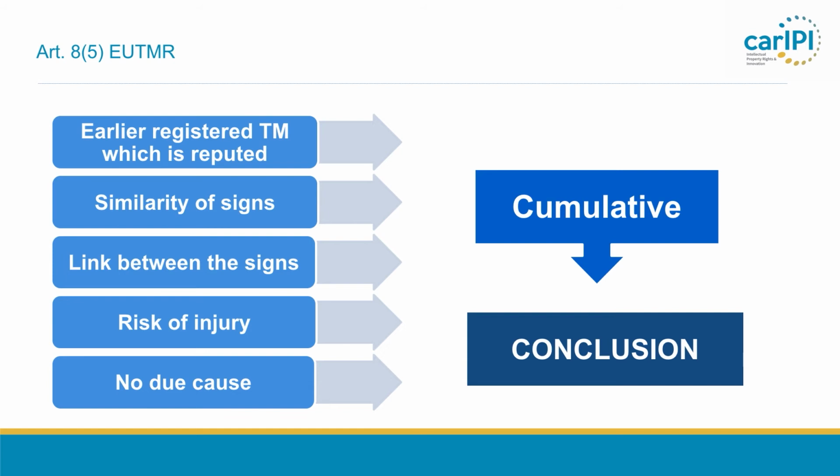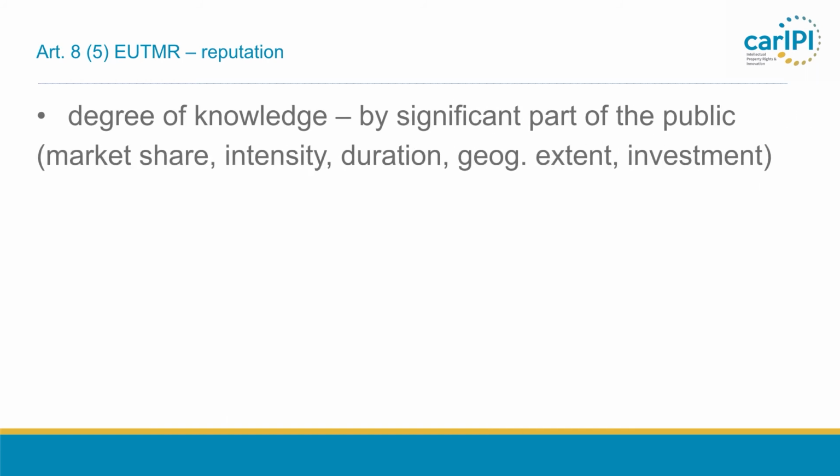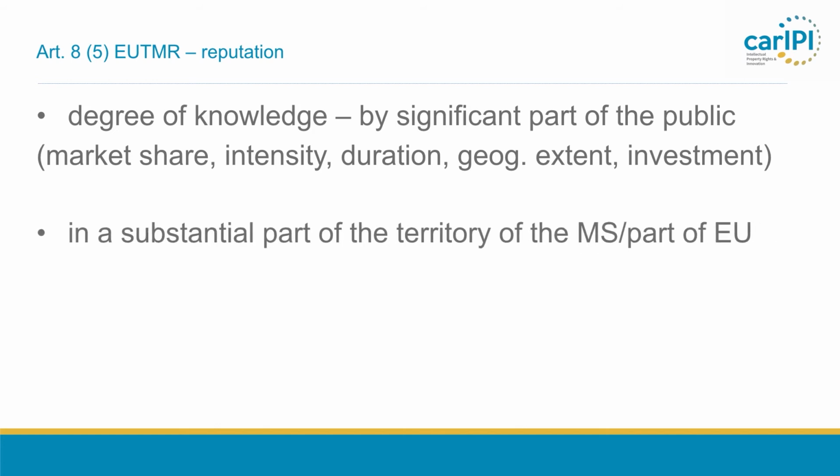So first of all, reputation. Reputation is a degree of knowledge by a significant part of the public. It is not quantified, this knowledge. It is not set out what percentage it has to be. In each case, it has to be assessed on the basis of the market share, intensity of use, duration, the geographical extent, the investment, and then this degree of knowledge has to be for a substantial part of the territory, be it in the member state or the European Union.